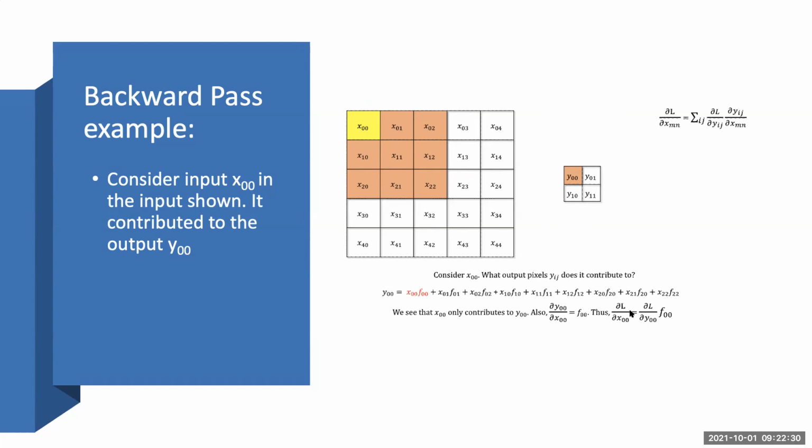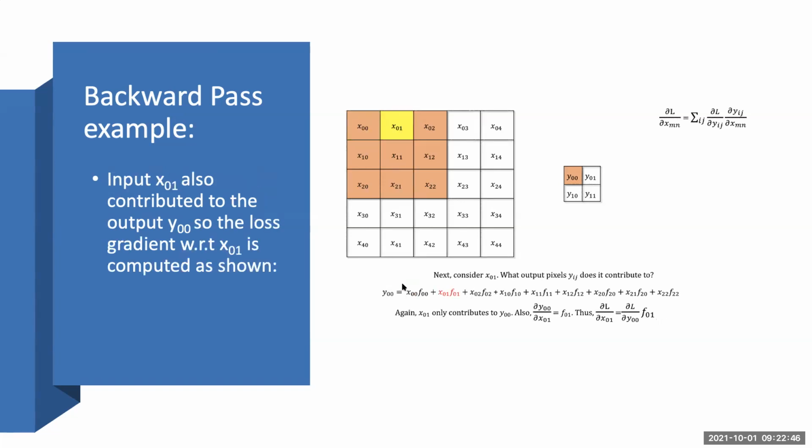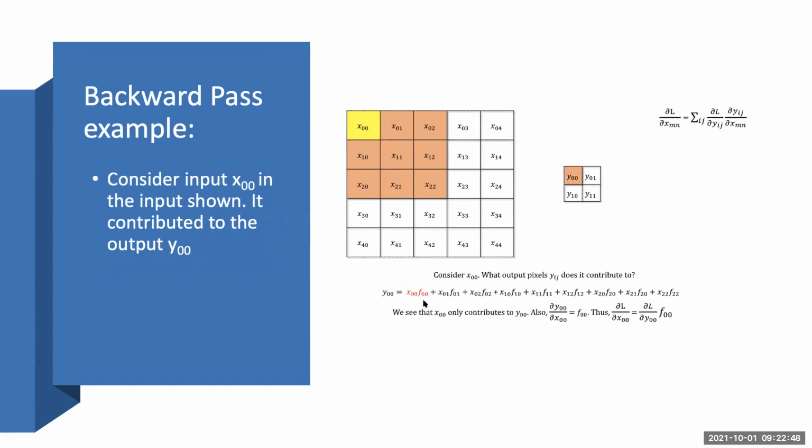So what that means is that you take a derivative of Y, your output, with respect to the input at that particular index, and this is the only thing you get. Sorry, you get the value highlighted in red. That's the point where X00 is contributing to the output.